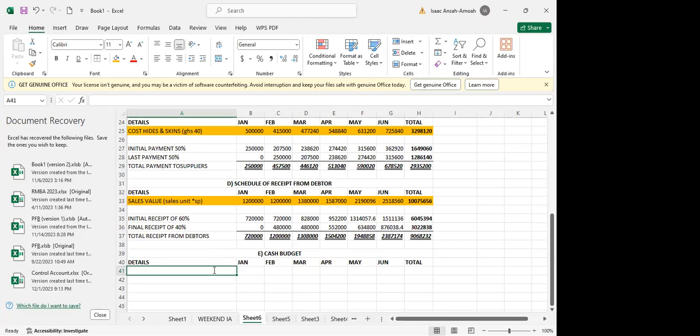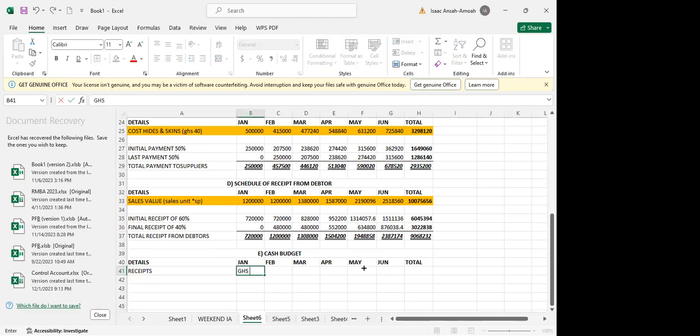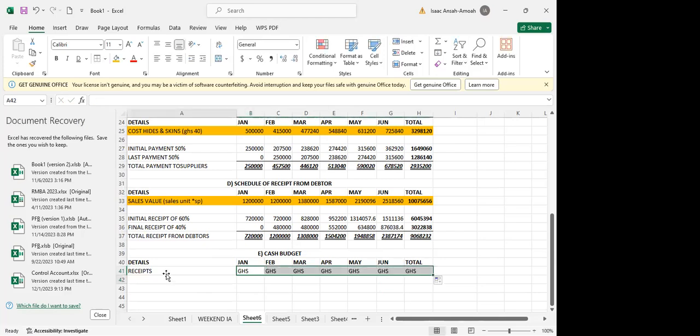Do you remember any receipts that we've gotten throughout our operations? We received from customers not too long ago. We saw that computation. So for me, I'm going to report my receipt from customers first.